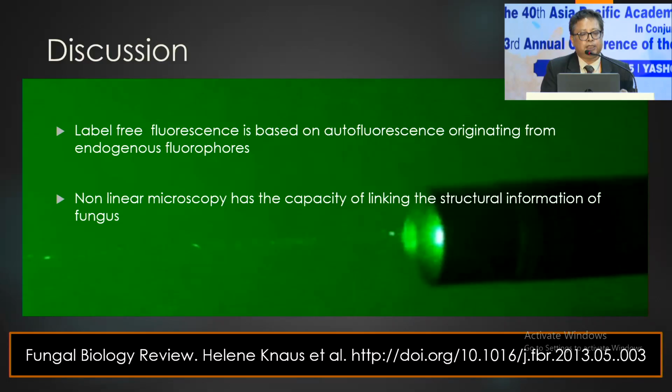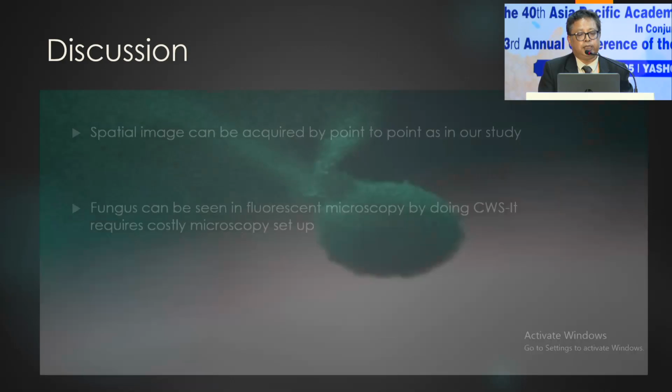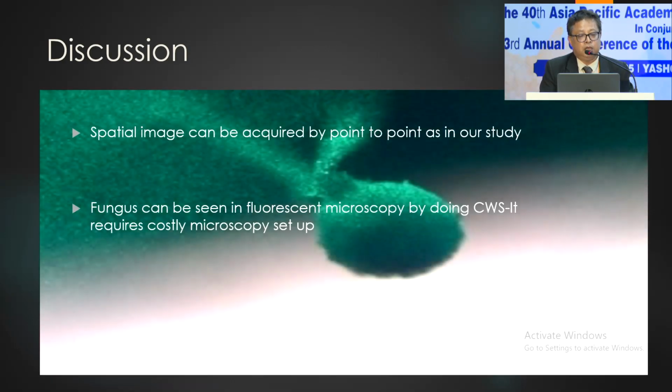To discuss it, label-free fluorescence is based on autofluorescence originating from endogenous fluorophores. And nonlinear microscopy has a capacity for linking structural information of the fungus, particularly the chitin layer of the fungus. Spatial images can be acquired point to point as in our study, and fungus can be seen in fluorescent microscope by using calcofluor white stain.